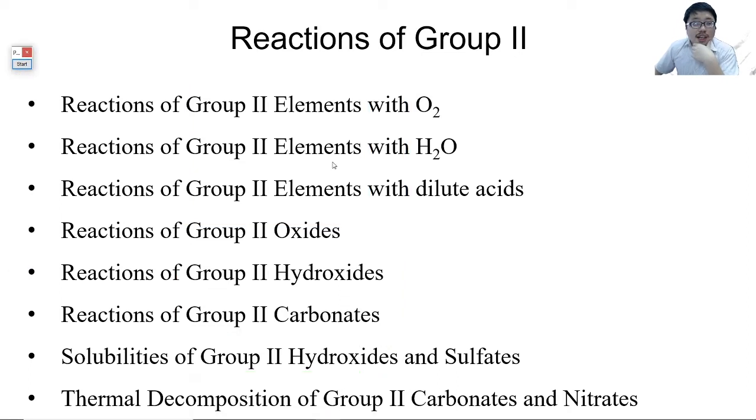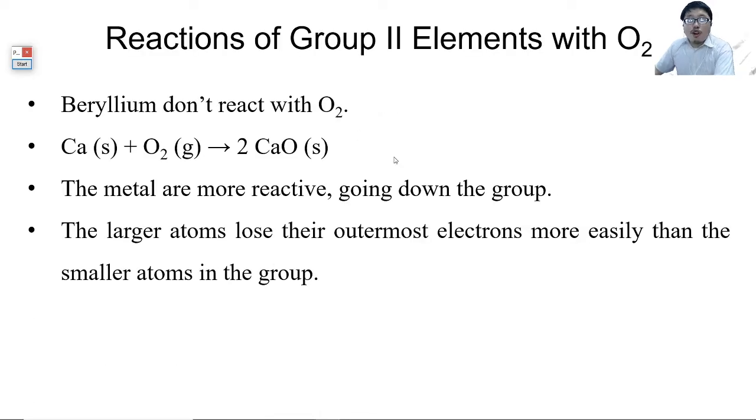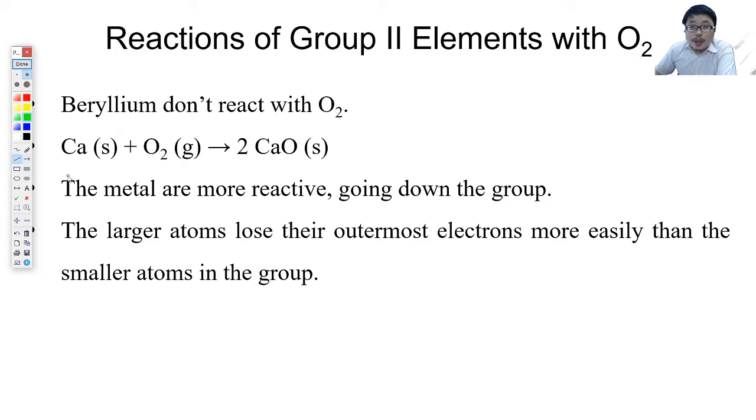Now for group 2 elements with oxygen, beryllium, the first member, doesn't react with oxygen. The rest all react. By the way, don't just assume it's calcium. It can be magnesium, barium, or strontium. As you go down the group, it becomes more reactive because it is easier to donate the electrons.